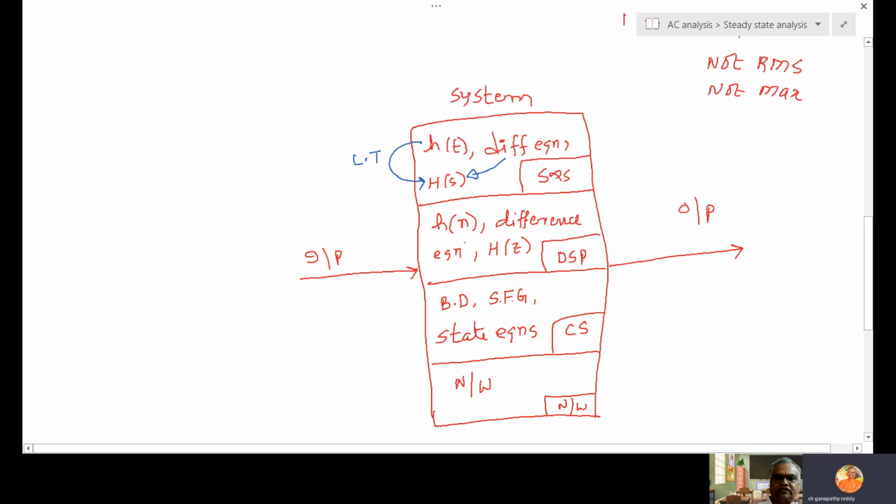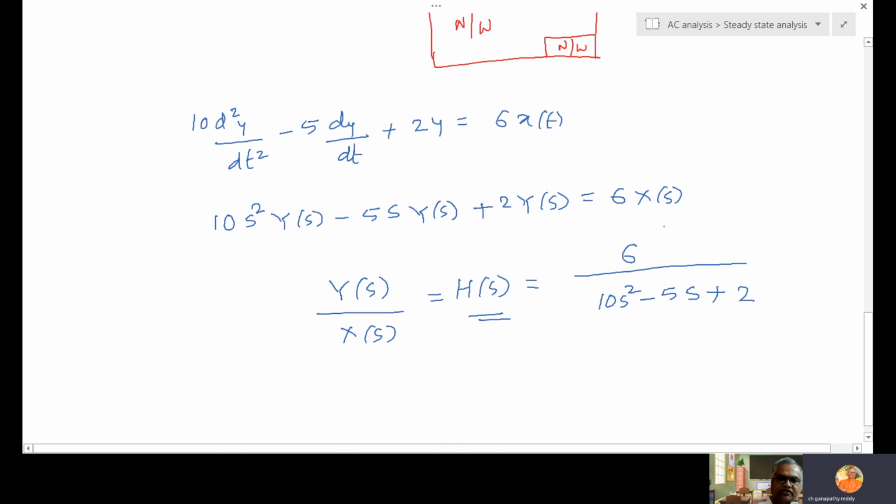Next, if h of n is given, apply z transform, you will get h of z. Or if difference equation is given, again apply z transform, you will get h of z. Difference equation, how does it look like? 10y[n minus 2] minus 5y[n minus 1] plus 2y[n] is equal to 6x[n].